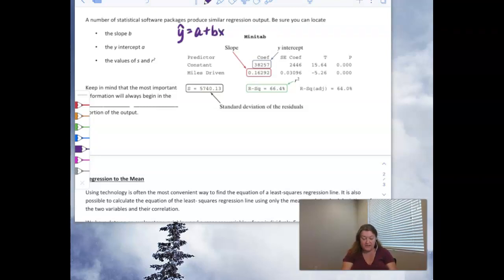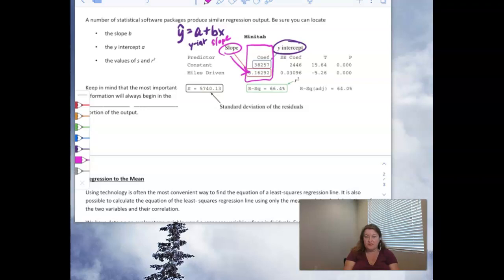And we know that my calculator can't do the hat, so it will just say a plus bx. So here's the deal. a is supposed to be the y-intercept. In my computer printout, it is the first number. b is supposed to be the slope. The slope is the second number down here. So if I just look at the first column, it is giving me my a and my b for my least square regression line right there.